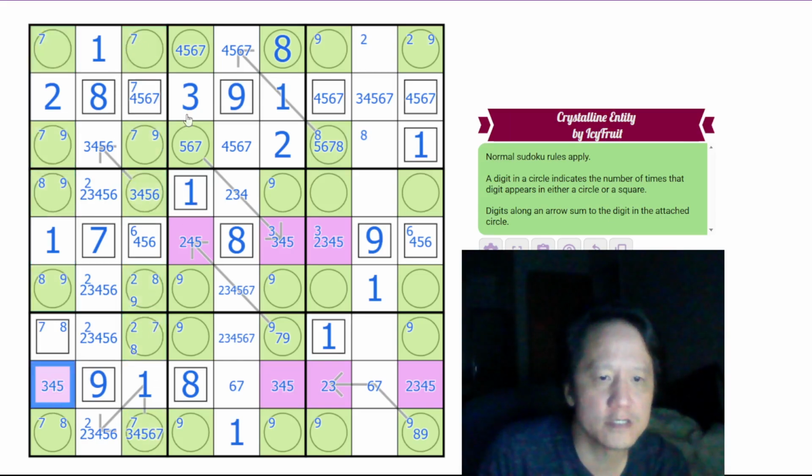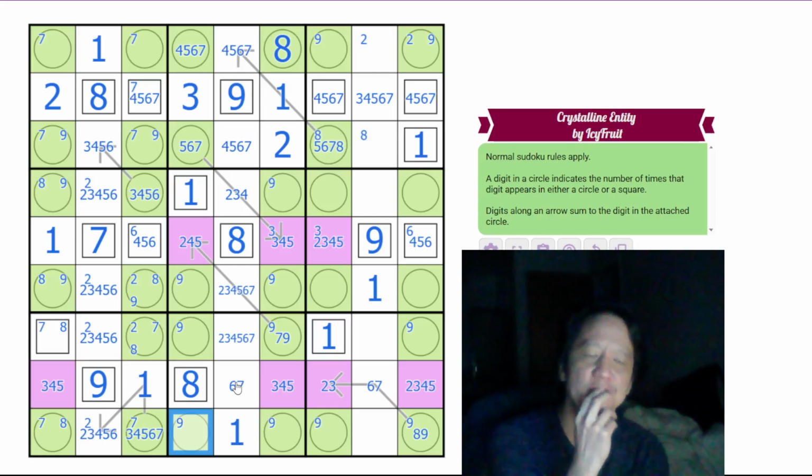So 6, 8, 14. 1, 2, 3, 4, 5, 6, 7. Does that make sense with the 1, though? 8 makes sense. I don't think counting the 1s makes sense. Unless I remove that anyways.